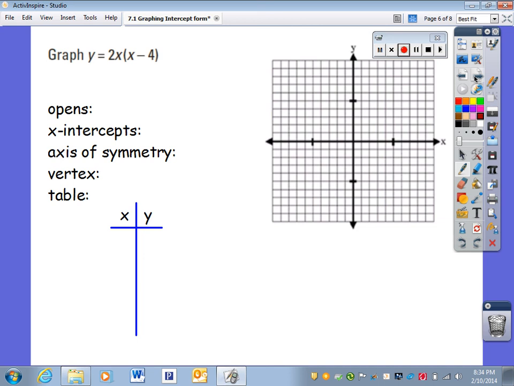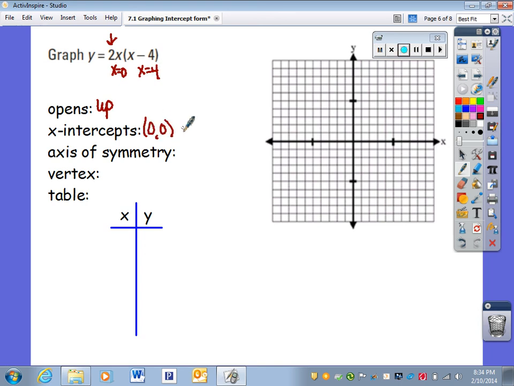We have y equals 2x times x minus 4. Taking a look at our leading coefficient, it's a +2, so we know this is going to open up. So we're going to set these equal to 0 to finish solving. So we have 2x equal to 0, so x is equal to 0. And then we have x minus 4 equal to 0, and when I add 4 to both sides, I'll have x being a +4.